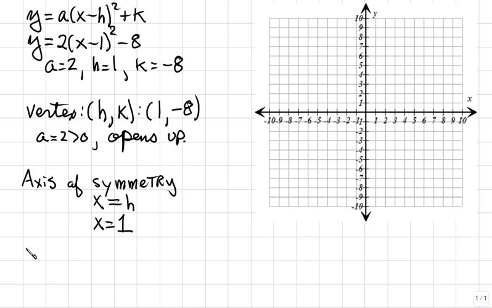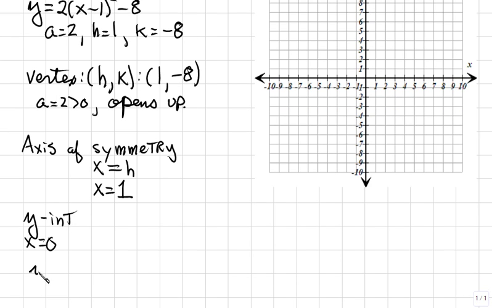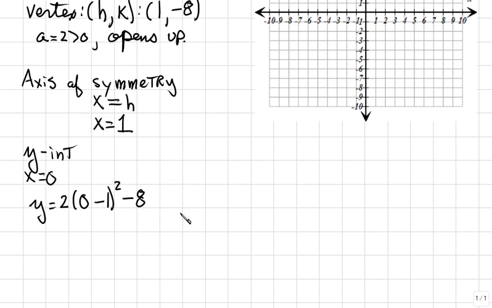To find the y-intercept first, that's where x would equal 0. So let's plug 0 into our equation and simplify. We would get y equals 2 times 0 minus 1 squared minus 8. Using order of operations, 0 minus 1 becomes negative 1. So y equals 2 times negative 1 squared minus 8.